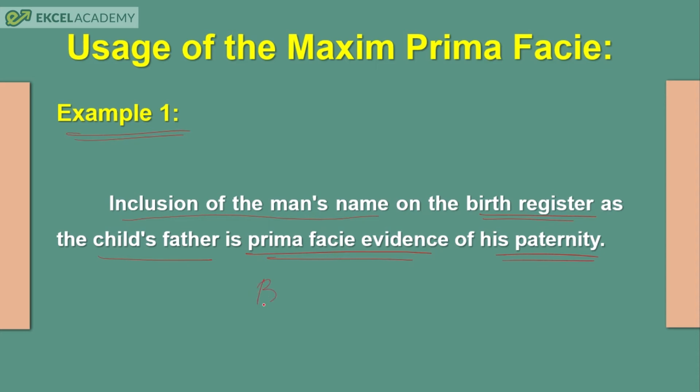So the birth register is an important document, and on this register, Mr. X is named as father of Y. So this is a prima facie evidence that X is the father of Y, and no further documentation is required to prove this unless there are some other evidences to prove it, and this particular thing has been disproved or shown to be wrong. So on the face of the document, there is a first impression that X is the father of Y. So this is the prima facie evidence of his paternity.